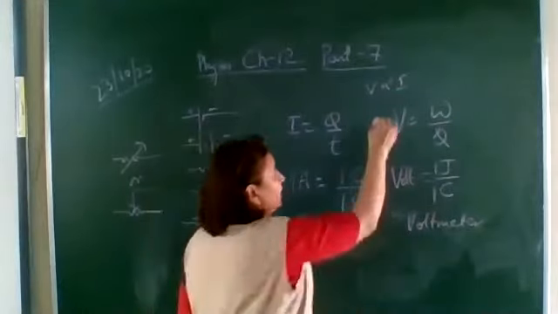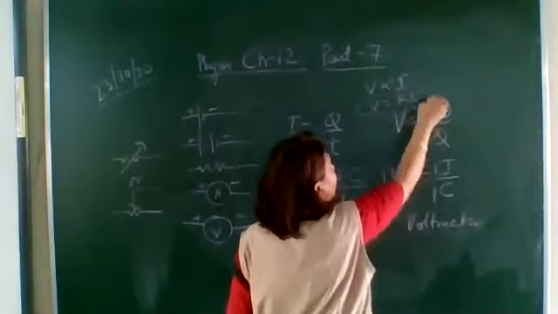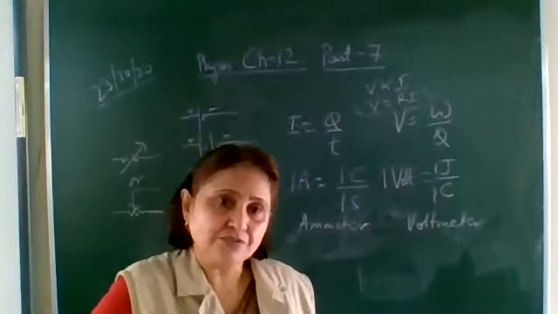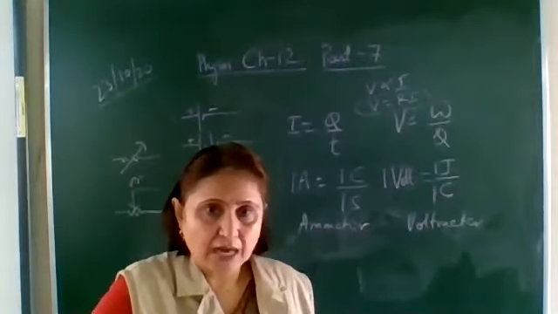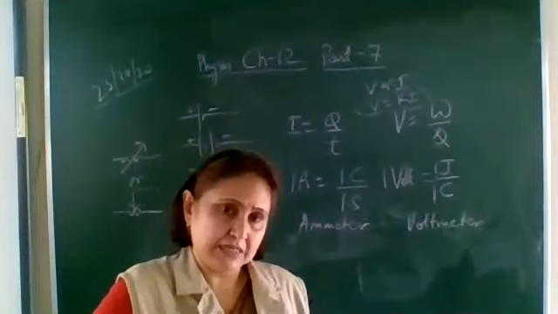On equating it, the constant of proportionality here is represented by R, where this R is called the resistance of the conductor. R is the resistance of the conductor which remains constant for a given conductor.